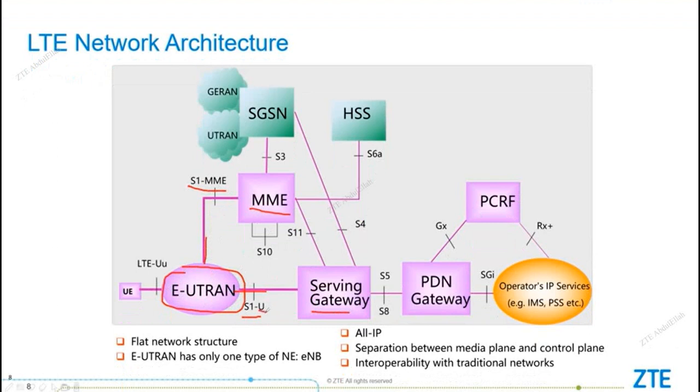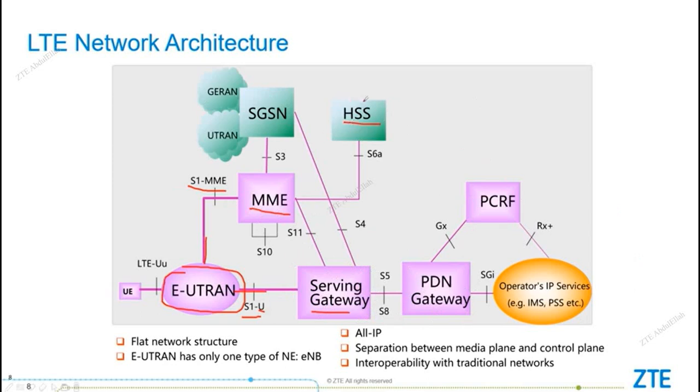U means user plane, because now SGW is responsible for the user plane. And the others are core network. In the LTE core network, besides MME and SGW, we also have PGW, PCRF, and HSS.